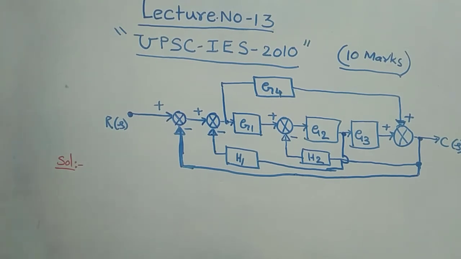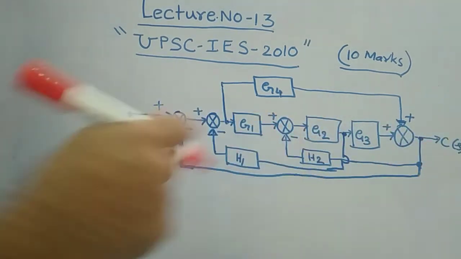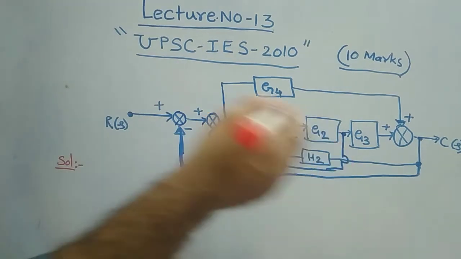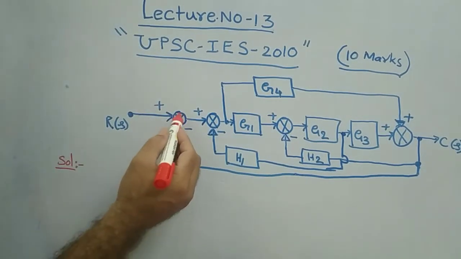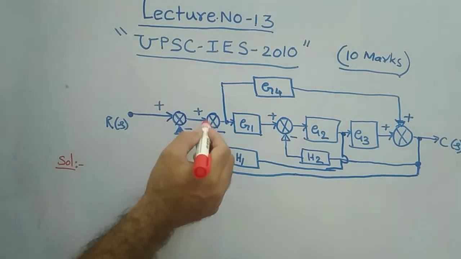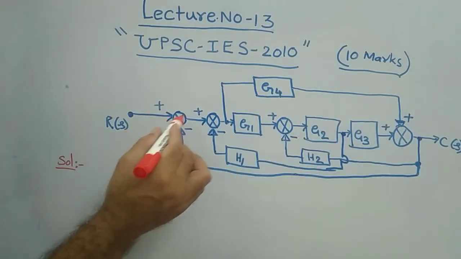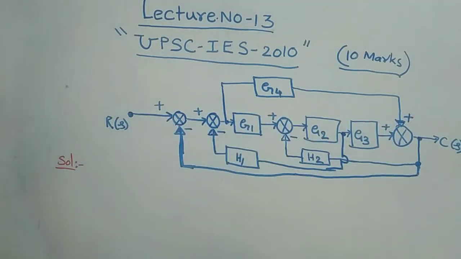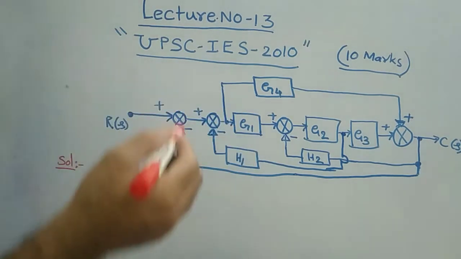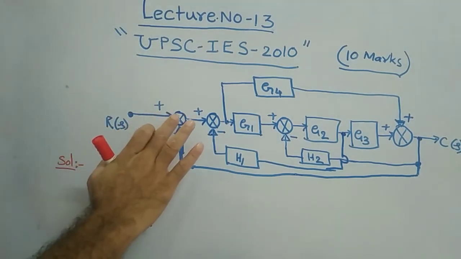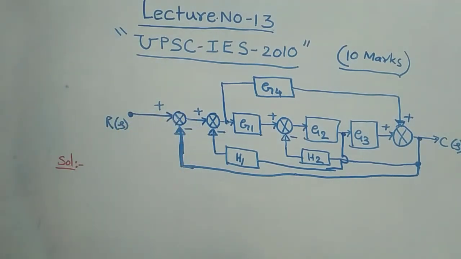You must consider the input as a node, and the output C of S is also another node, and not only input and output, all the summing points. You see, this is a summing point, this is a summing point, this is another summing point, this is another summing point. Means 1, 2, 3, 4. 4 summing points are there. All these summing points you have to consider as node points, means these will be represented as nodes in the signal flow graph, including your R of S also.